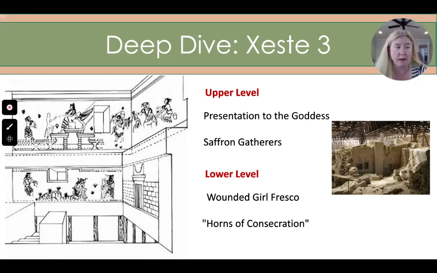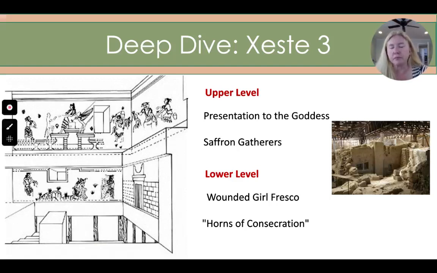There's sometimes a drain in it. It often has small vessels in it. I showed you those vessels where you pour and it comes out the other side, the rhytons. Sometimes you find those in these rooms. They seem to have a religious use, but we really don't know what that was.